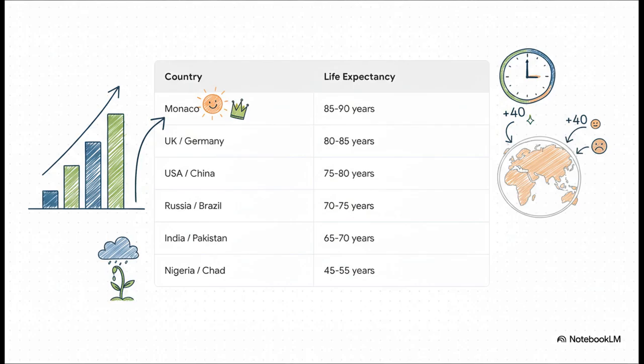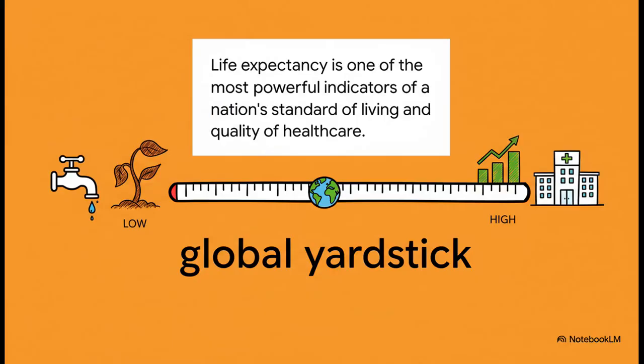I mean, think about that. That's a staggering difference of almost 40 years. And that's why this one single number acts as a powerful global yardstick. It reflects everything, from basic sanitation and nutrition all the way to access to super advanced medical care. It tells us in really stark terms about the overall health and prosperity of an entire nation.